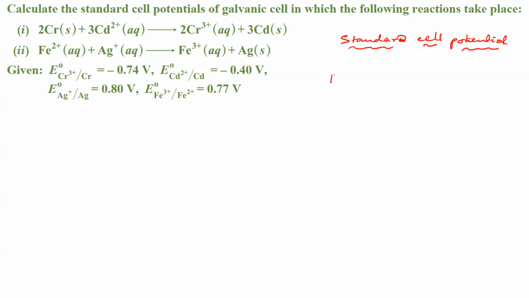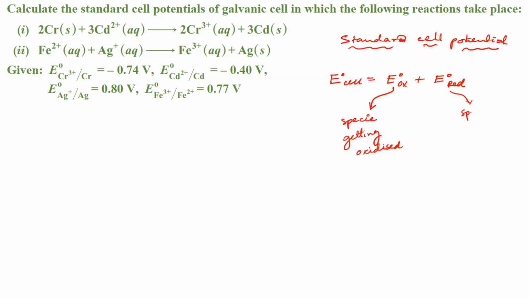The standard cell potential, written as E° of cell, will be E° of oxidation plus, please remember, E° of reduction, but this E° of oxidation will be of the species which is getting oxidized, and E° of reduction of what?